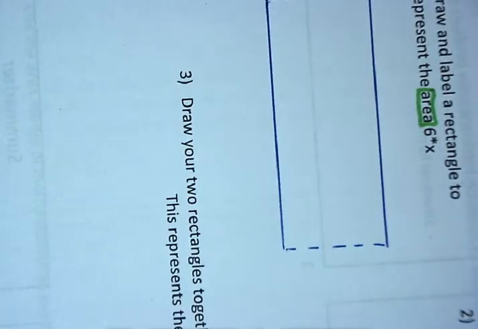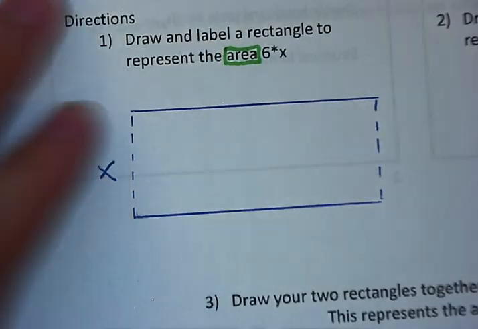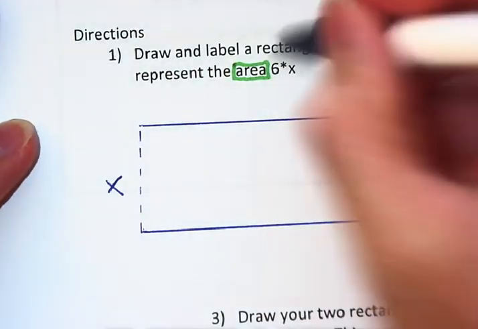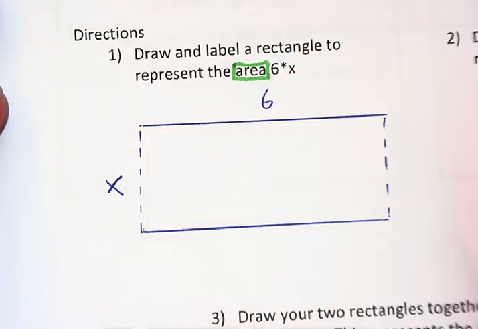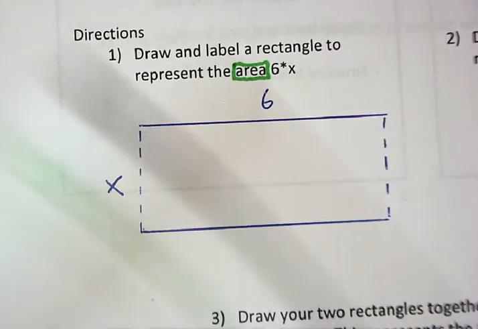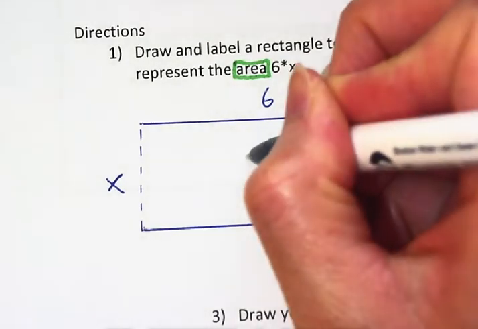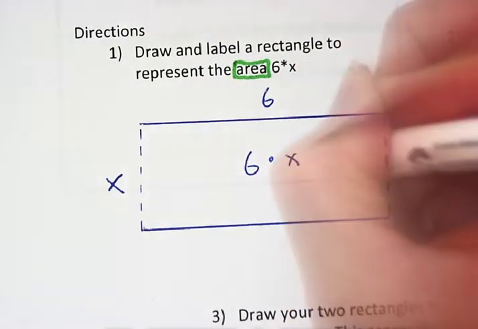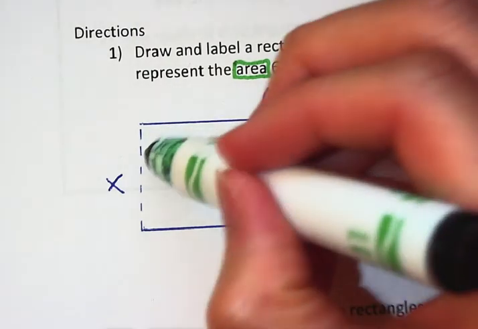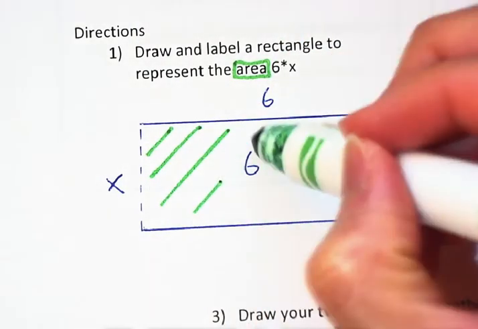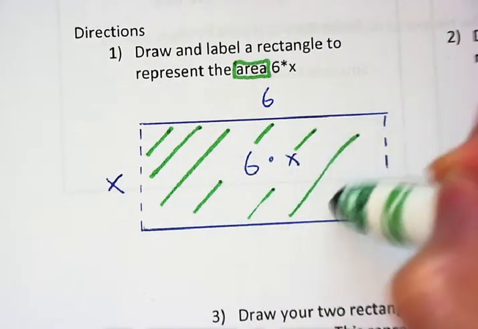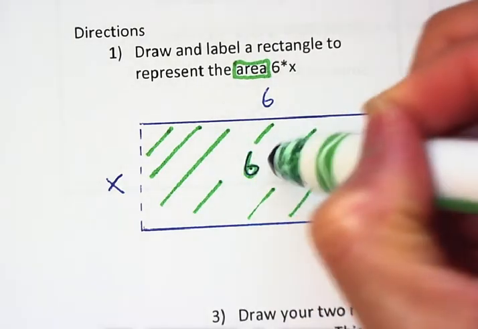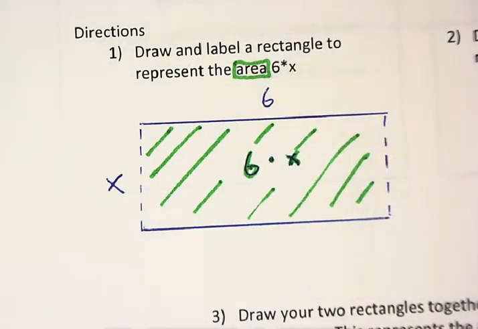So here we now have a rectangle that is 6 long by x long. And so the area inside should be 6 times x. So this area should be 6 times x amount.